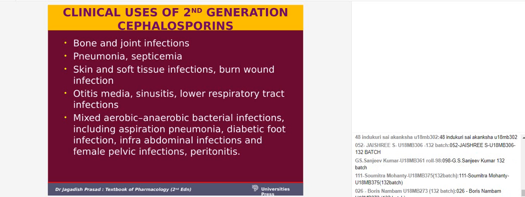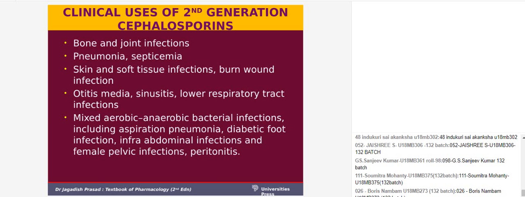Cefuroxime has been used in treatment of meningitis caused by pneumococcus and H. influenzae. The third generation cephalosporins have better penetration into the CSF. Cefuroxime axetil, an oral prodrug of cefuroxime, is used to treat mild to moderate bronchitis, otitis media, Lyme disease, pharyngitis, tonsillitis, sinusitis.